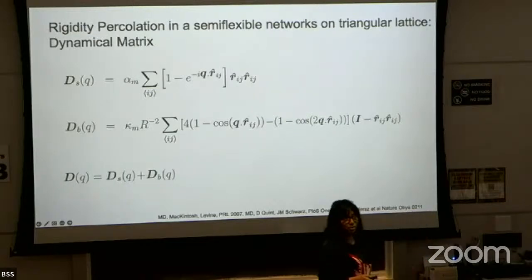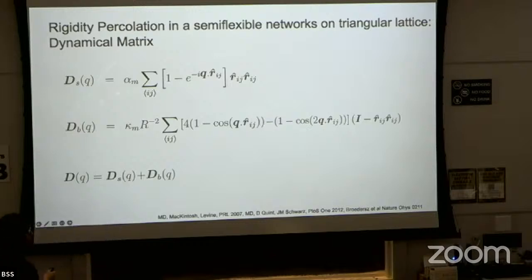Okay, so now if I want to look at the dynamical matrix, I have to consider a dynamical matrix contribution that comes from stretching, which again looks the same as the spring network matrix, right? Because like we discussed, the dynamical matrix doesn't change. And this is still a triangular lattice, so everything is going to be the same as we did before.